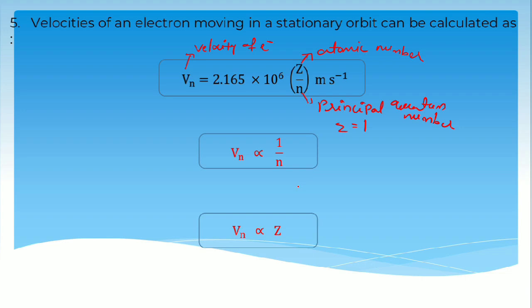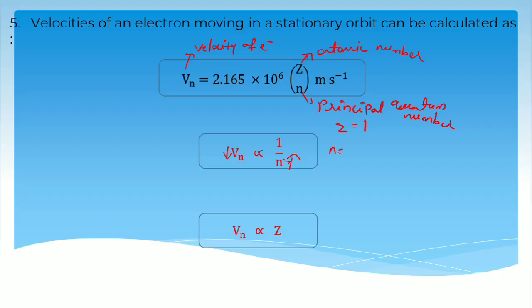When Z equals 1, the first important point is the relationship: the velocity is inversely proportional to the principal quantum number. As the value of n increases, the velocity of the electron decreases.